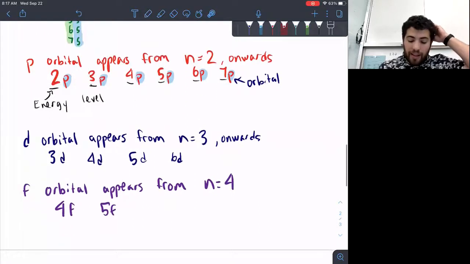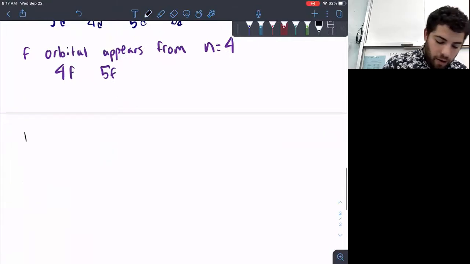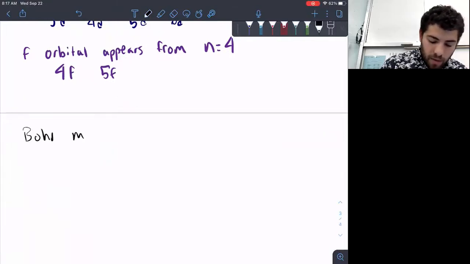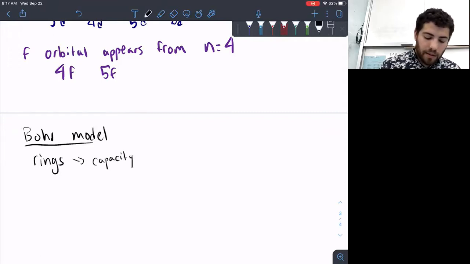So with that said, let's kind of look at how this makes sense with some of the things like Bohr model, etc. So I want to look at the Bohr model first. So we're going to come back to our Bohr model. And something you may remember is when we look at the rings, each one has a certain capacity for electrons.